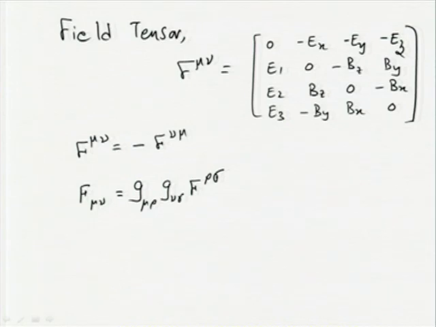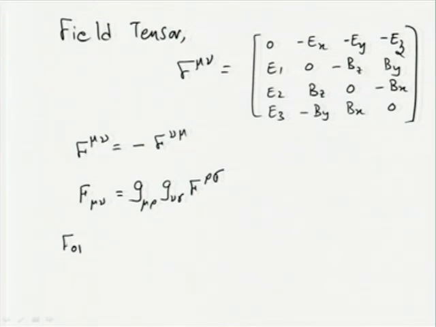This is very similar to the raising and lowering of the indices of vectors, covariant to contravariant and contravariant to covariant. Let us see what the components of the lower F are. The diagonal elements are all zeros. It is still antisymmetric with respect to the interchange of these two indices, so the diagonal elements are zeros.